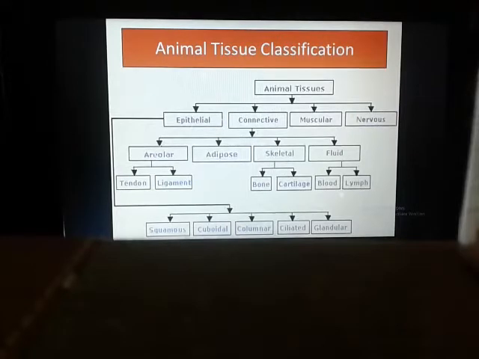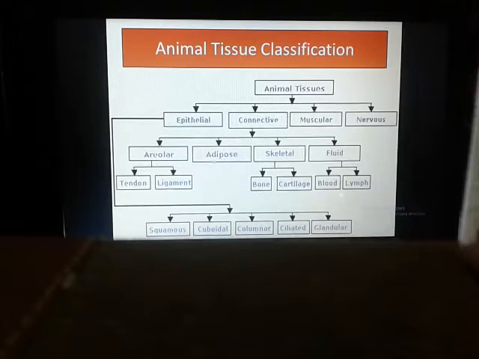The epithelial tissues are classified into categories; basically we deal with these 4: squamous, cuboidal, columnar, and ciliated. And the connective tissues are classified into 4 categories.